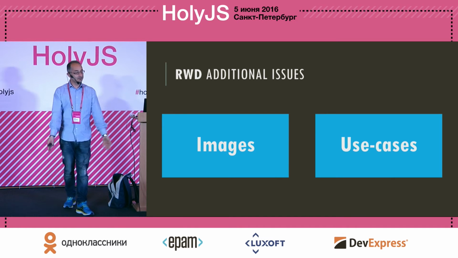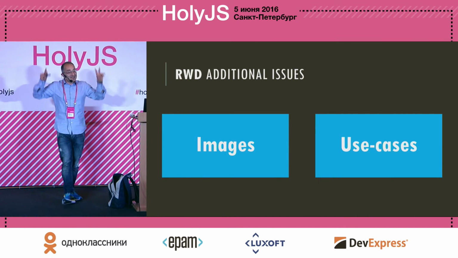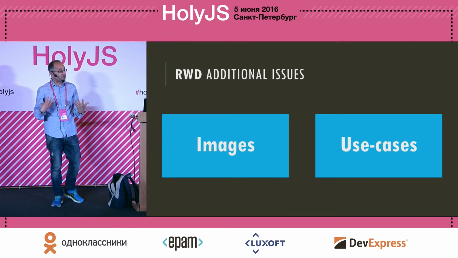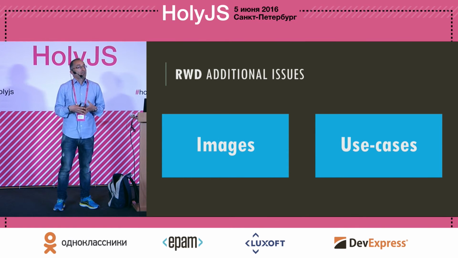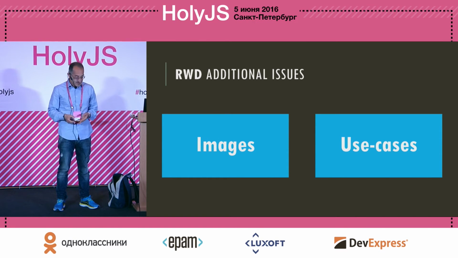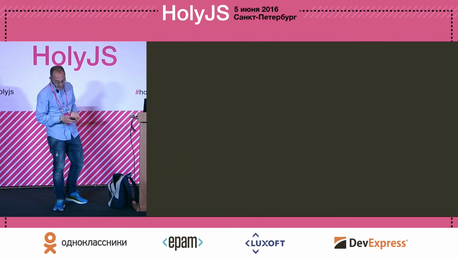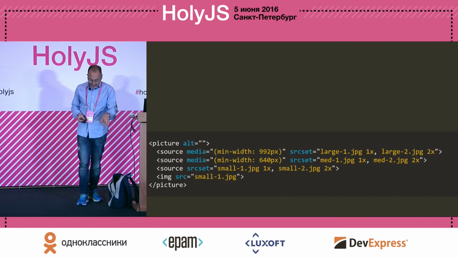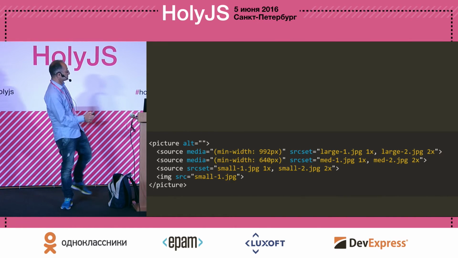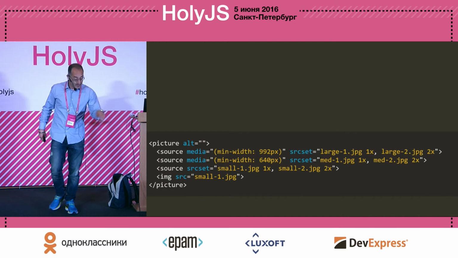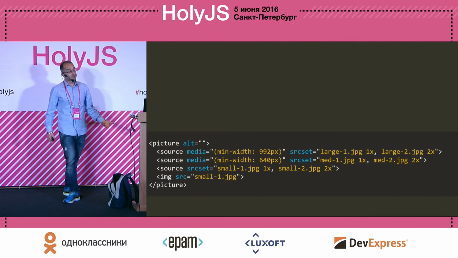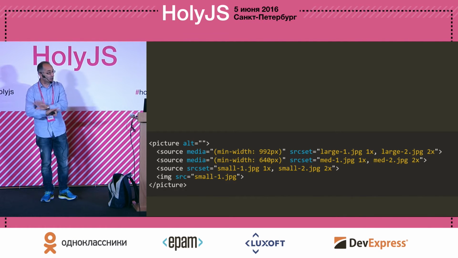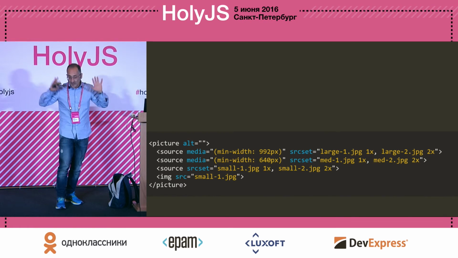Now let's focus on the image. So how can you resize images on a per device basis? We know that in HTML we have just the IMG tag to display images. At the moment, that's the only fully supported way.